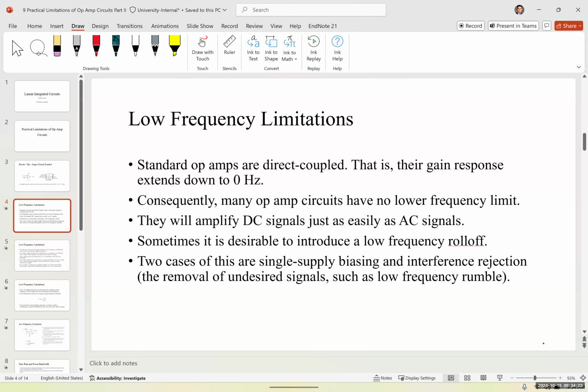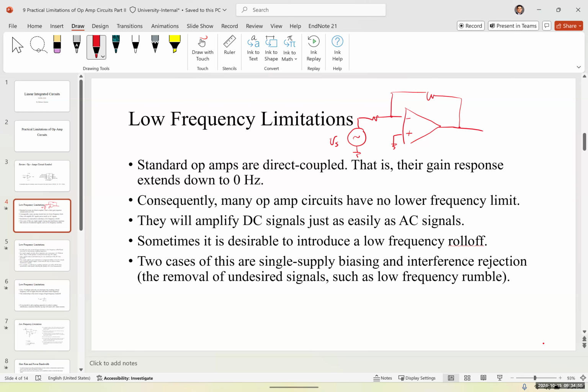So if we have a normal op-amp connected to a voltage source, imagine this is positive, negative, a normal inverting op-amp. And if this is directly connected to a voltage source, since we don't have any coupling capacitors in the way of the input, this op-amp could technically amplify signals down to 0 hertz because it doesn't have any objects in its way.